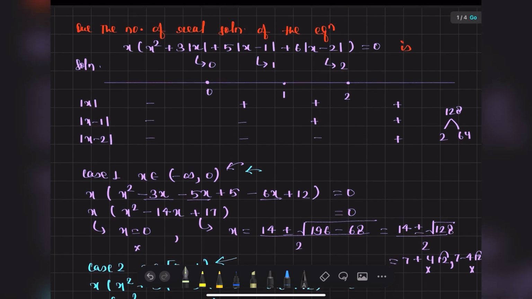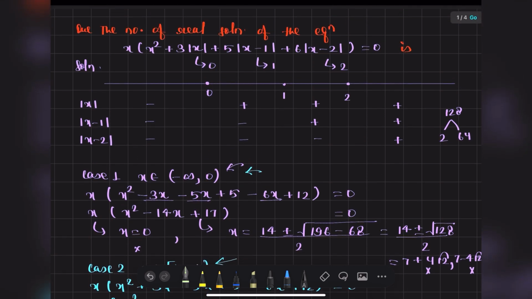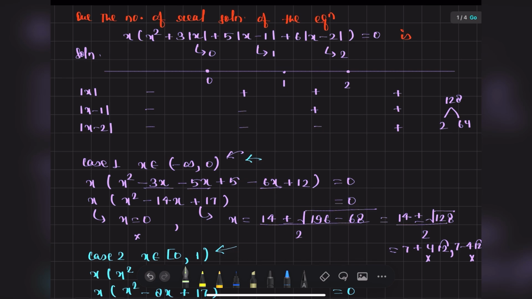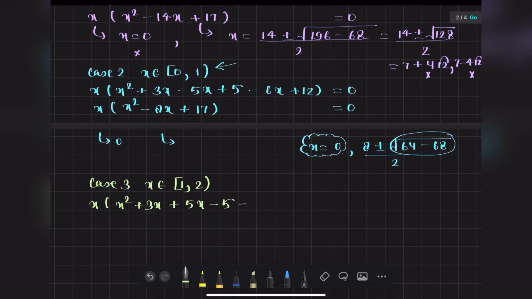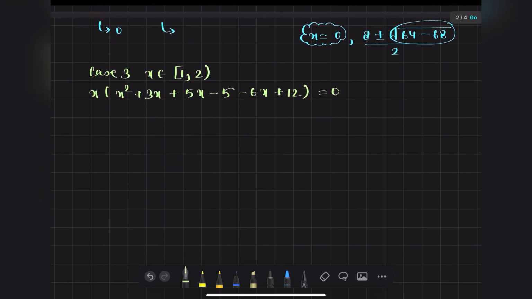Both will open with positive sign, and then it will open with minus sign. So minus 6x plus 12 equals 0. Now please, we have x square, and then plus 2x, and then 17.